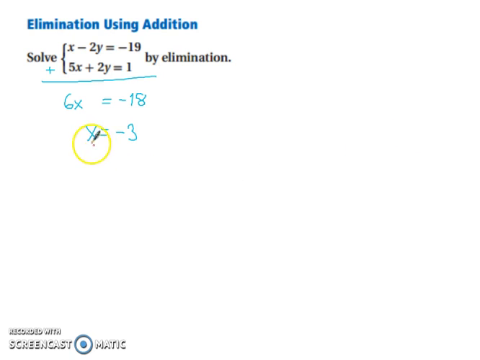And now we begin the part that we're used to doing. We're going to take our x equals negative 3 and substitute that back in. So we've got negative 3 minus 2y equals negative 19. And we want to solve for y.